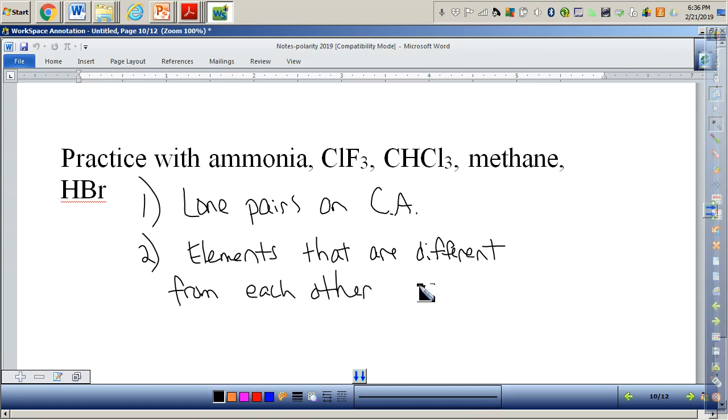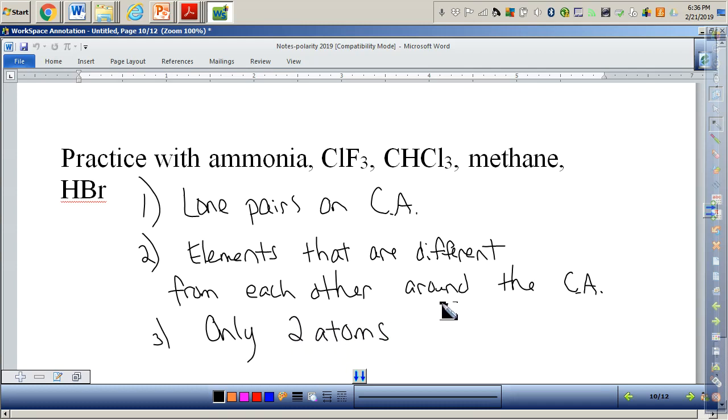So different from each other around the central atom. And the third thing you can look for are only 2 atoms, not elements, atoms. So only 2 atoms that are of different elements.